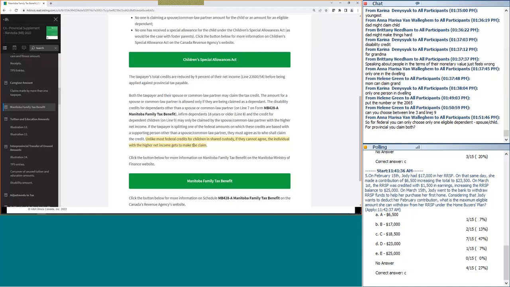If you both claim it, nobody gets it. For this particular credit, if the parents who are not together can't choose which children they're going to claim on their MB428A, the default tiebreaker says the higher net income person claims the child. So if they disagree and they can't work it out between them, the higher person gets the child.